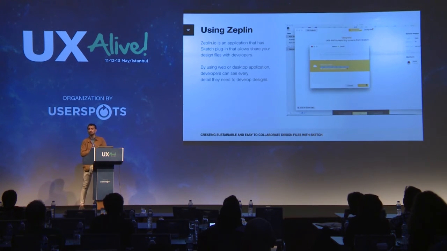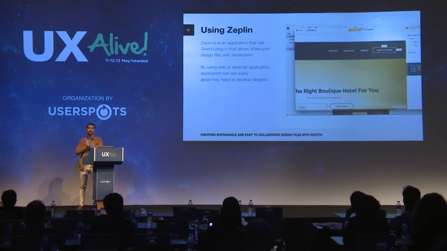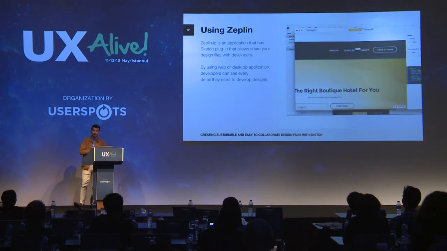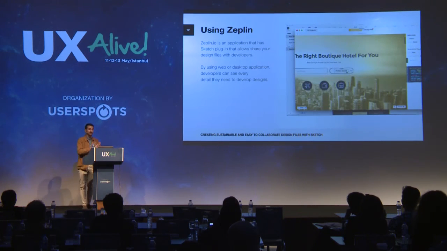All you got to do is choose the files and click on the sync button. Once you do this, your developer teammates are going to be able to click on any element, and they are going to be able to see the spacing and the sizes and the colors, whatever they choose.